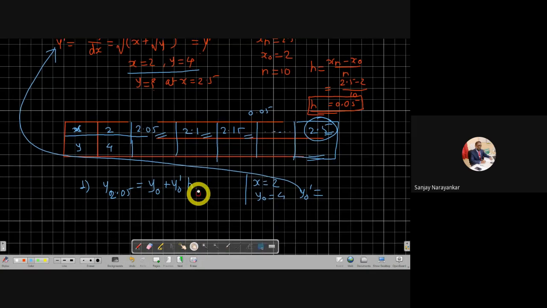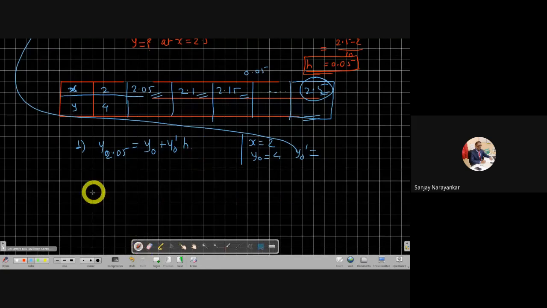Then second, here you'll get this value. Then you have to find out y at 2.1. Then you'll write here y at 2.05 plus y dash h.